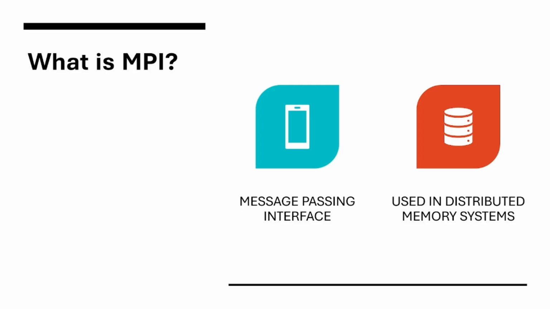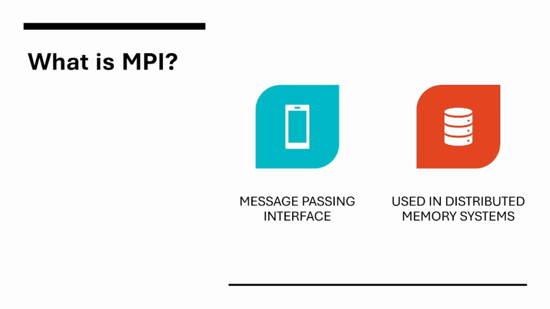So why is MPI important? MPI enables efficient communication in distributed systems, so it is widely used in high performance computing, HPC. It is suitable for applications requiring large scale parallelism.